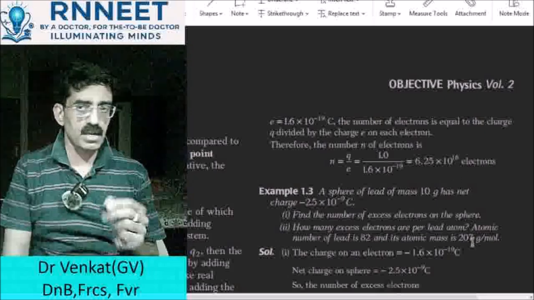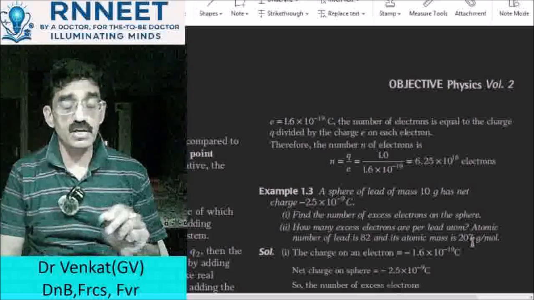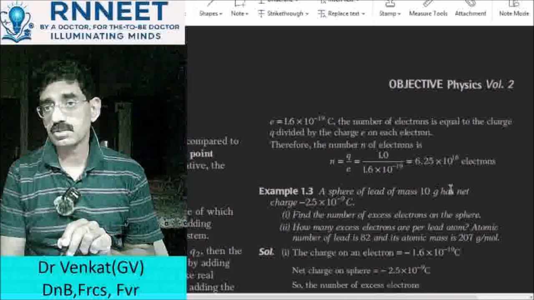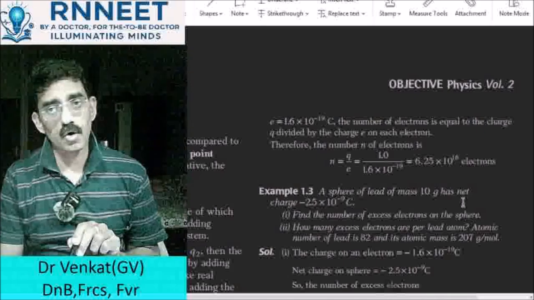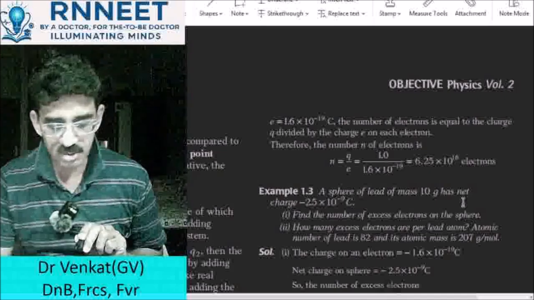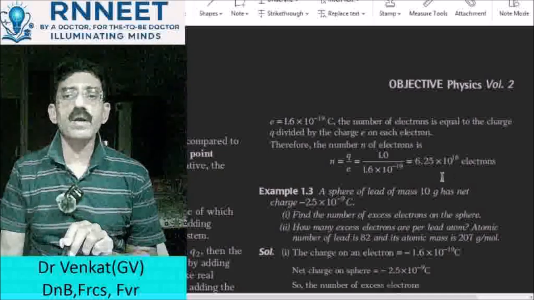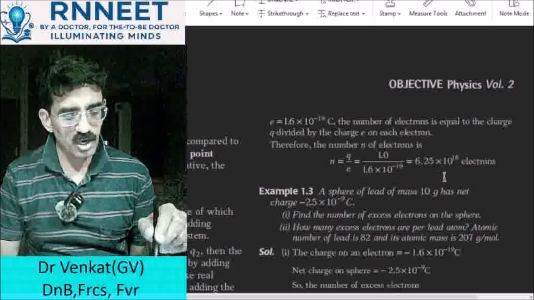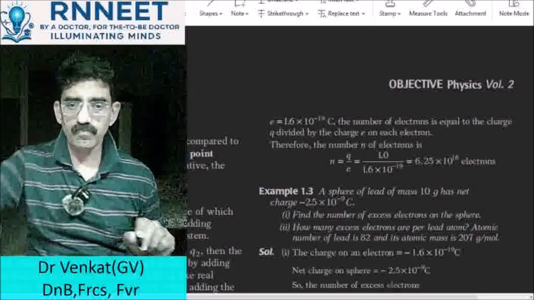For a negative charge, it is a gain of so many electrons; loss of so many electrons is equal to 1 unit positive charge. So 6.25 into 10 to the power 18 electrons constitute 1 Coulomb of charge, right?